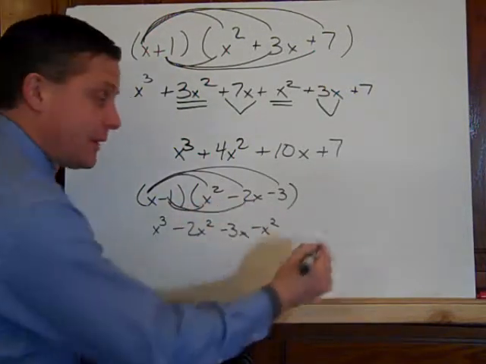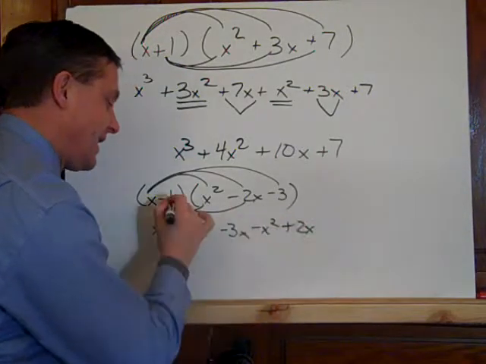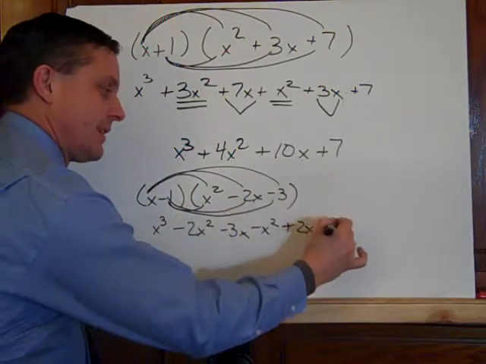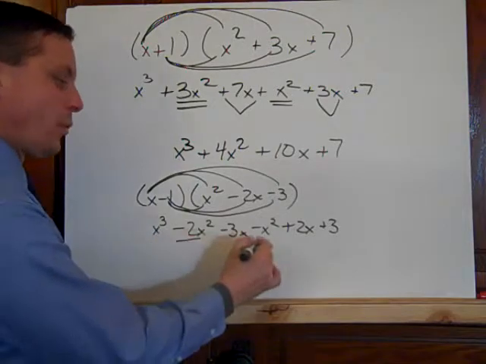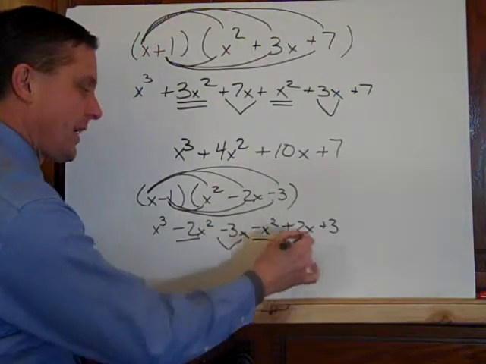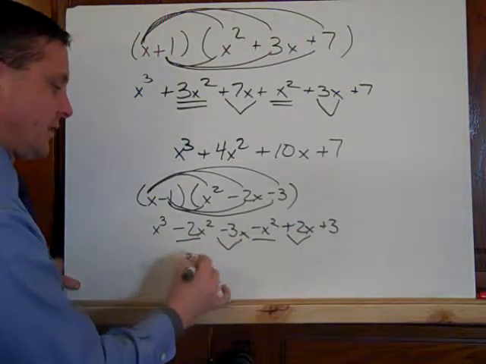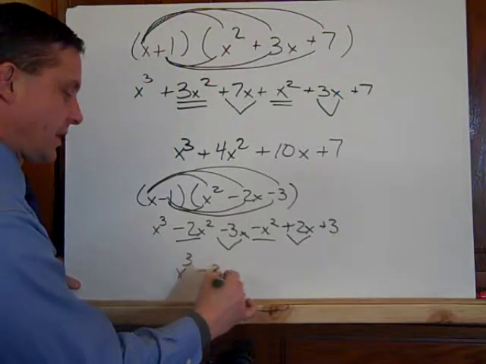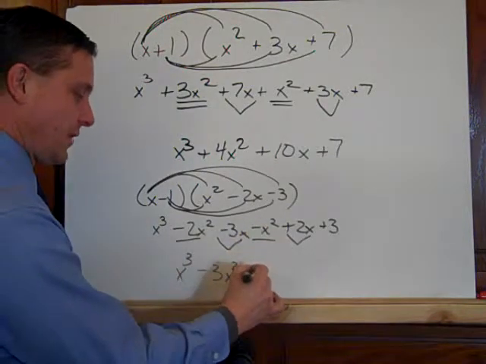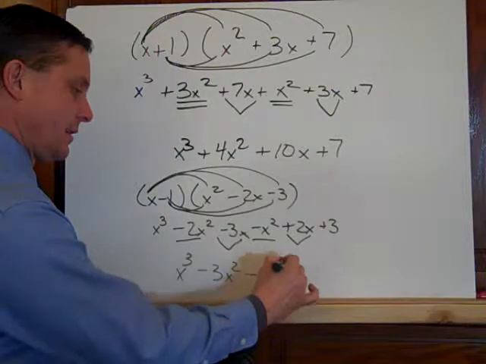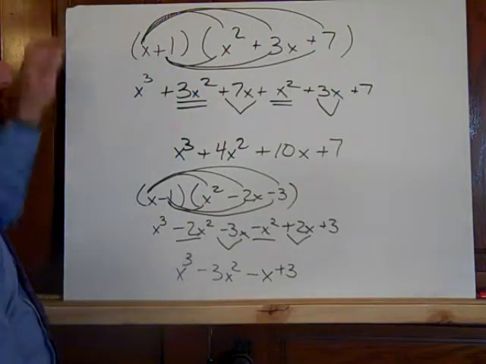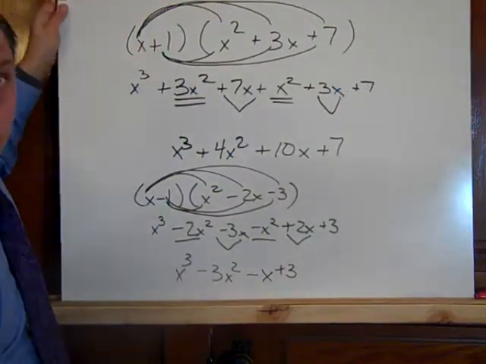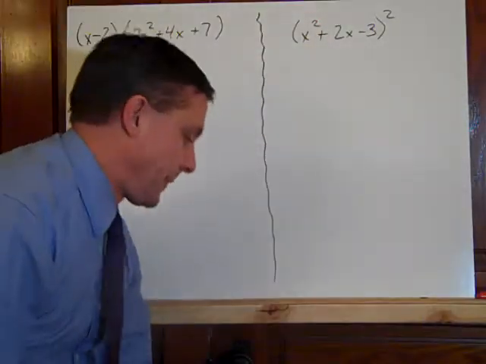Negative negative is a positive, and then negative 1 times negative 3 is positive 3. And again, watching your like terms is so critical, watching the signs. X cubed minus 3x squared, negative 3x plus a 2x is minus x, plus 3. And again, you're going to notice patterns here. Sometimes those patterns hold true, but sometimes they don't.